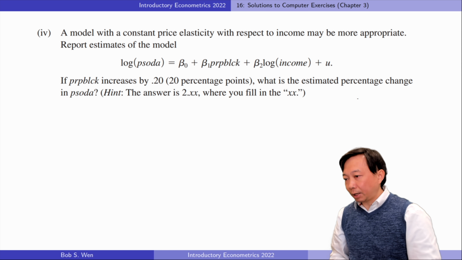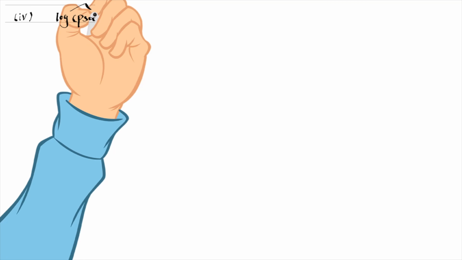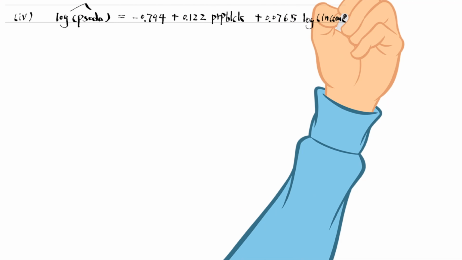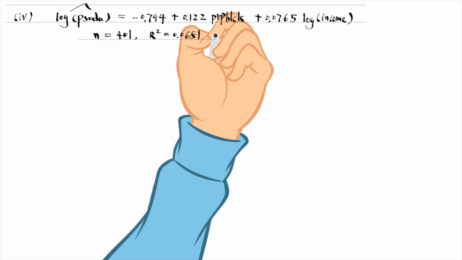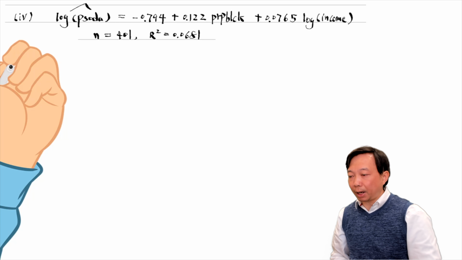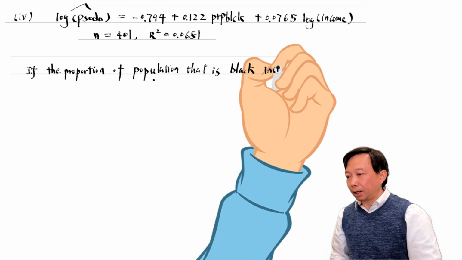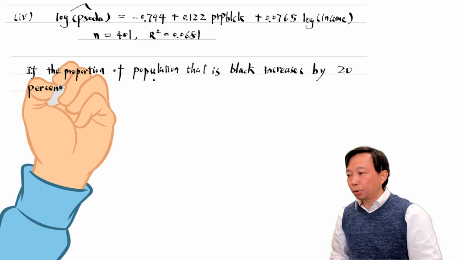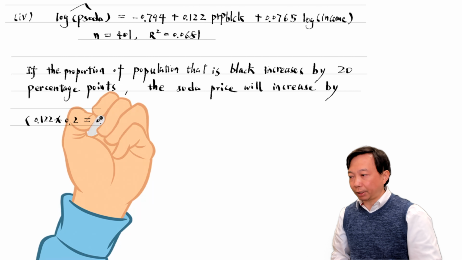For the fourth question, the estimation equation is as follows. If the proportion of the population that is black increases by 20 percentage points, the soda price will increase by 2.43%, holding income fixed.